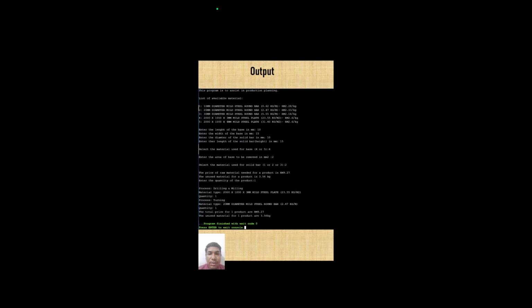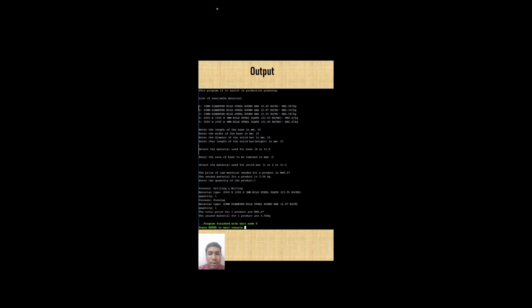Select the material used for the solid bar. We choose to select material 2. The price is 2 ringgit and 33 cent per kilogram. So the total of the raw material needed for the product is 9 ringgit and 27 cent.